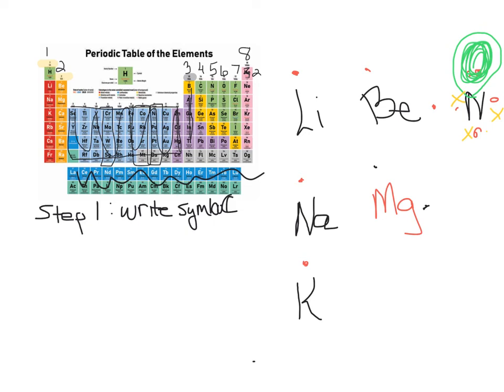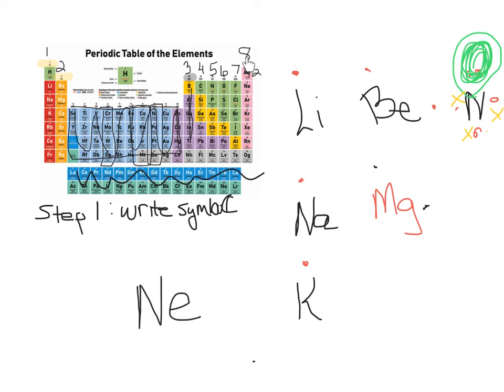Let's skip ahead some more and go to the halogens. And I'm going to draw the halogens in this area. Let's look at neon. Drawing the Lewis structure for neon, we're going to start first with the symbol. Neon is Ne.